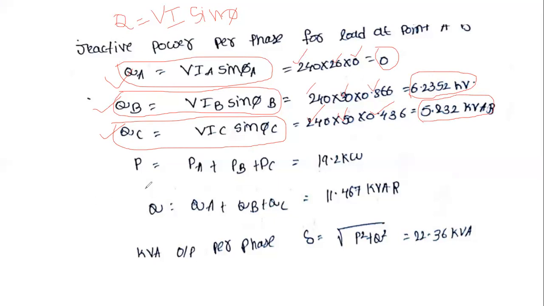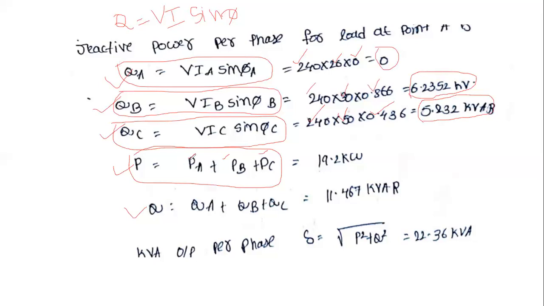Then we calculate the total active power and total reactive power. What is the formula for total active power? P is equal to PA plus PB plus PC. We are adding the active powers at each loading point.